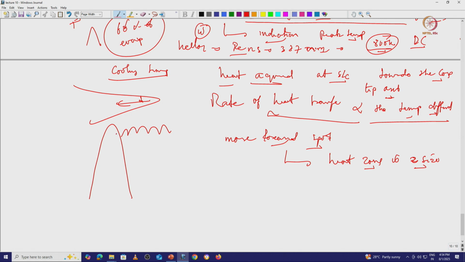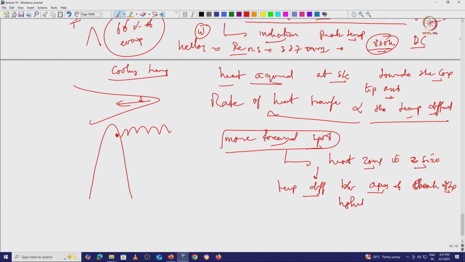So it gets heated locally. Your heat zone will be much smaller if you use a more focused spot, due to which the temperature difference between the apex and the shank of the tip will be higher.